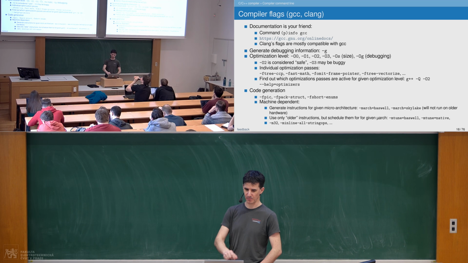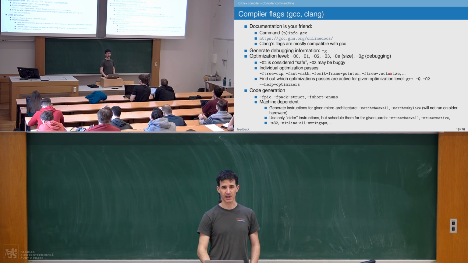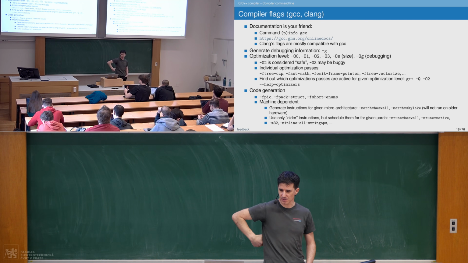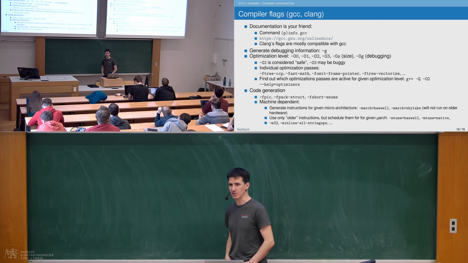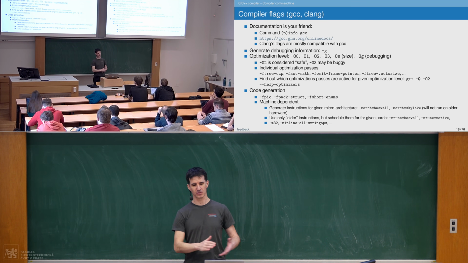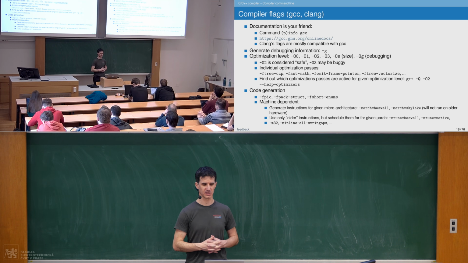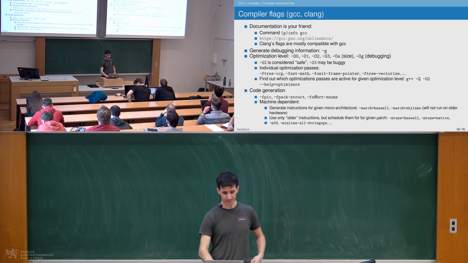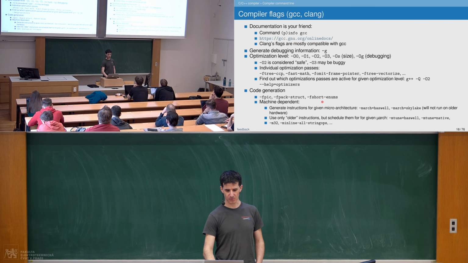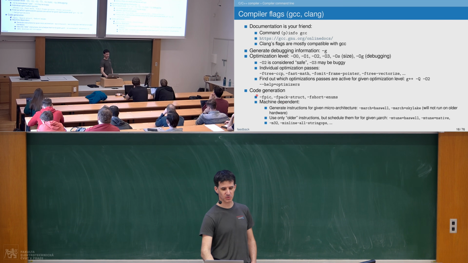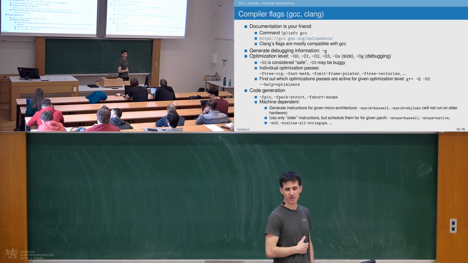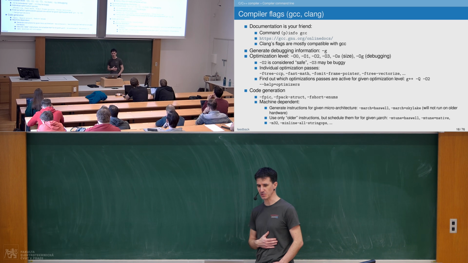So for example, -ftree-vectorize. This tells the compiler to look into the function bodies and try to use SIMD instructions to automatically convert your code to use these vectorized instructions and to have it faster. Or, as you remember from last week, you can also tell the compiler to use structure packing and so on. This is like the first example that I showed you with the dates.